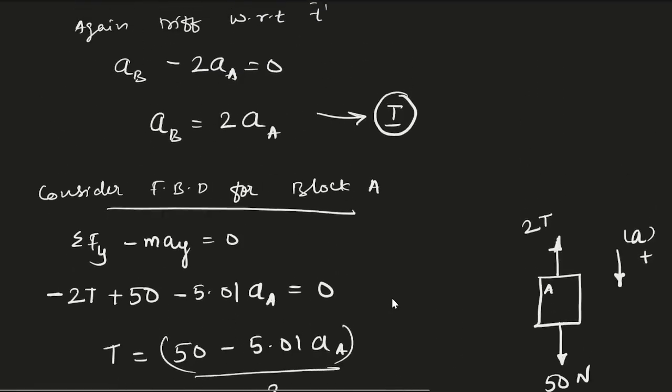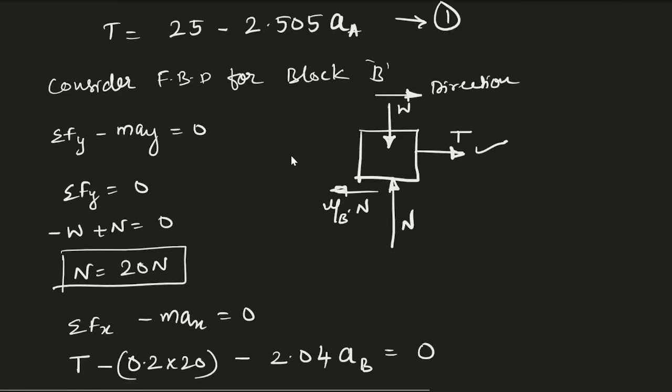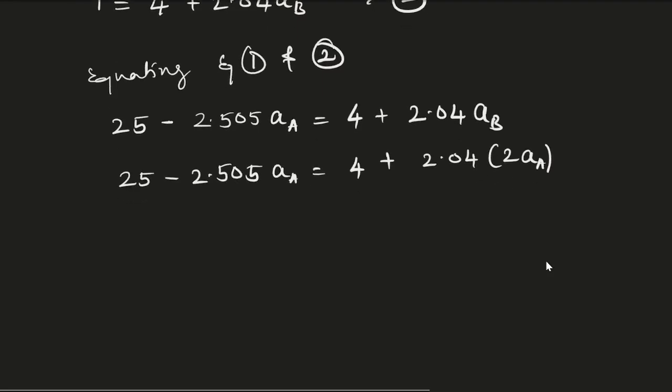We know that AB is equal to 2 times A suffix A, that means 2.04 into 2 times A suffix A. If you solve this equation, just a second, let's solve it, we will get A suffix A.